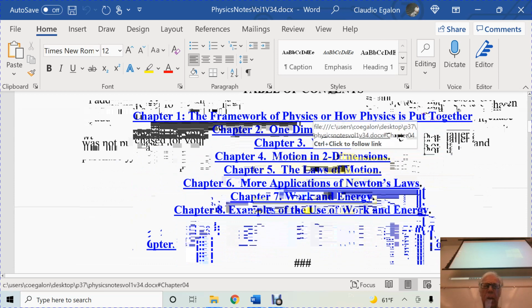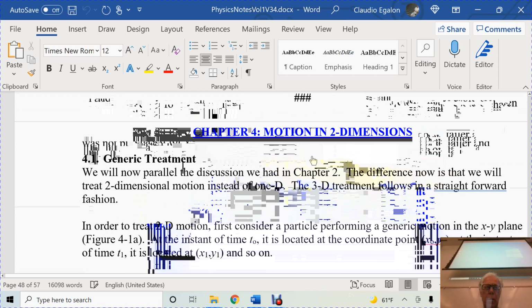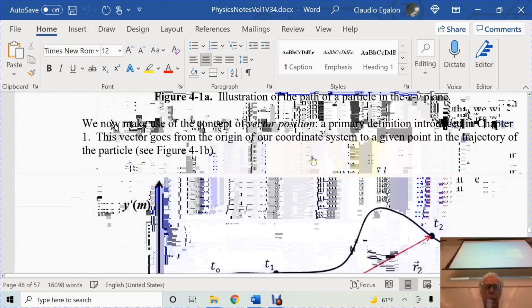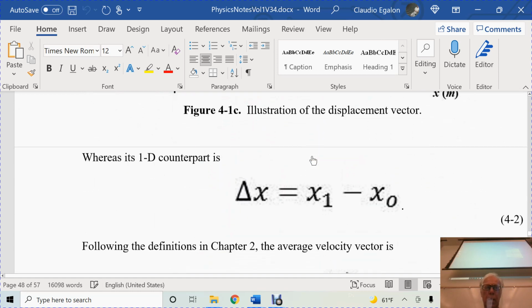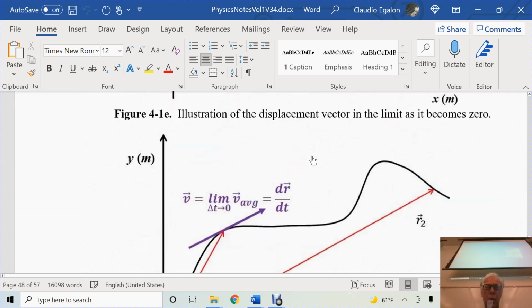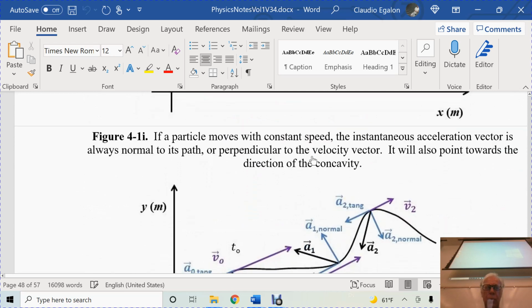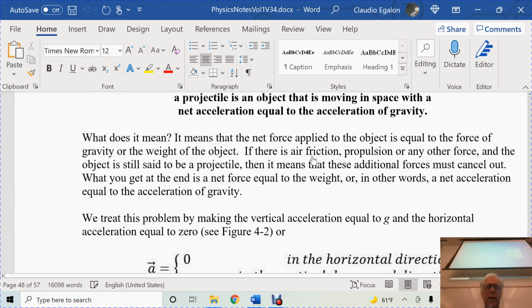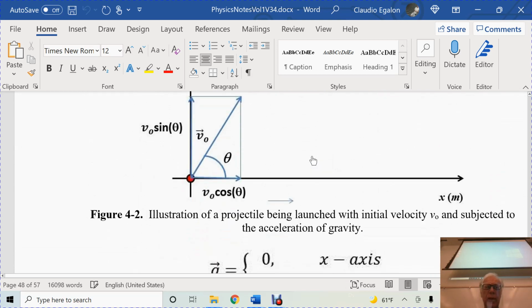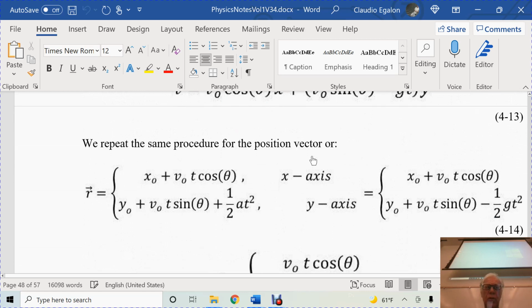Okay, we are right here in chapter 4. I showed all, we went through all the stuff. Let's see if we have one more type of example. I did the example of the projectile that we treat all the time. Here you go, that's the projectile motion example.